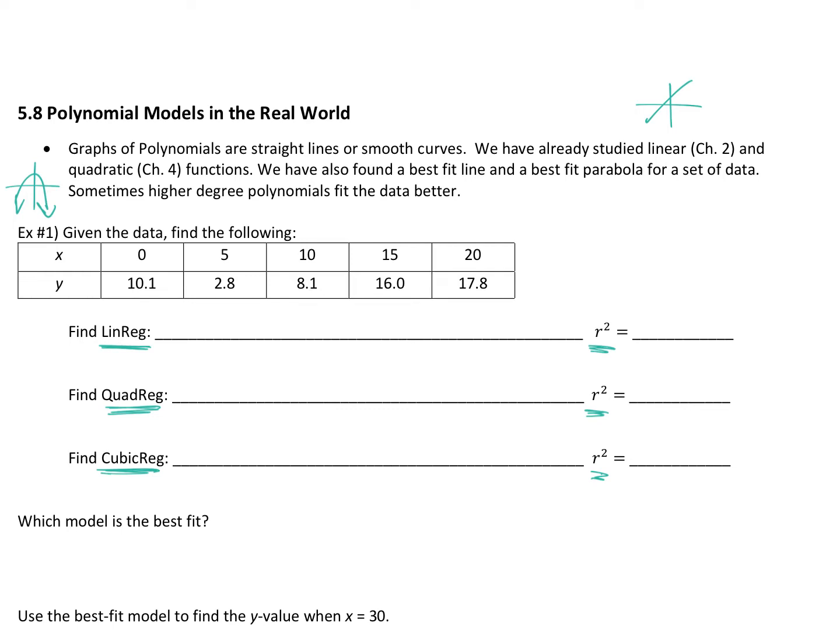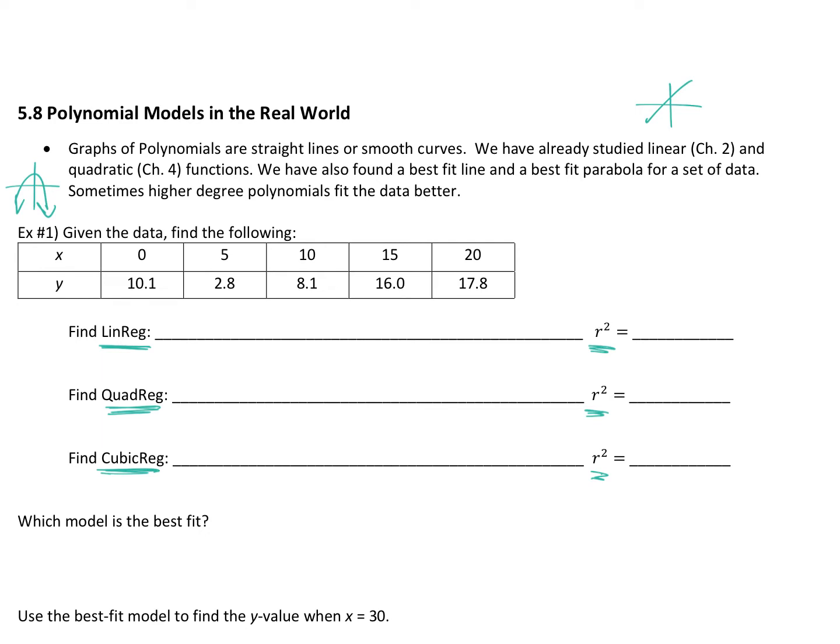First thing I want you to do is go to your y equals and clear that stuff out just so that it doesn't interfere at all. So take away your y1, take away your y2. We're not doing the same steps that we've done with that stuff.